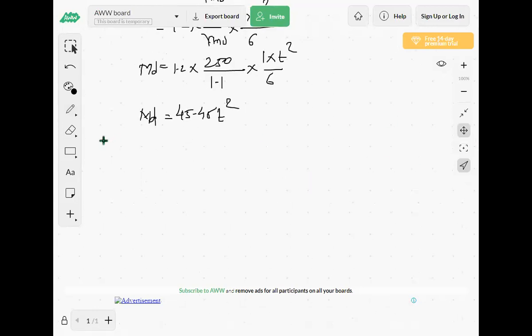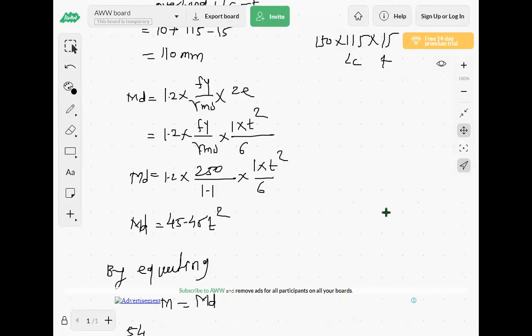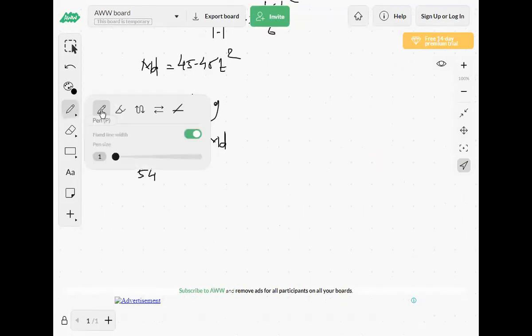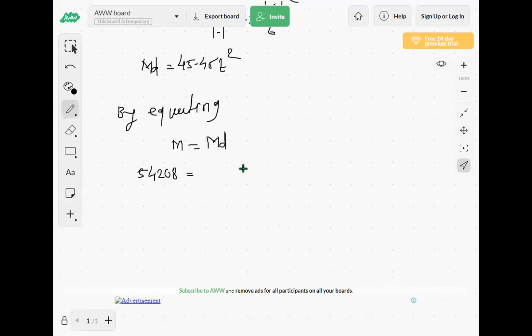So now we have to calculate thickness t. By equating M and MD, here we will equate M and MD. M is here 54208, equal to MD, which is 45.45 t square.